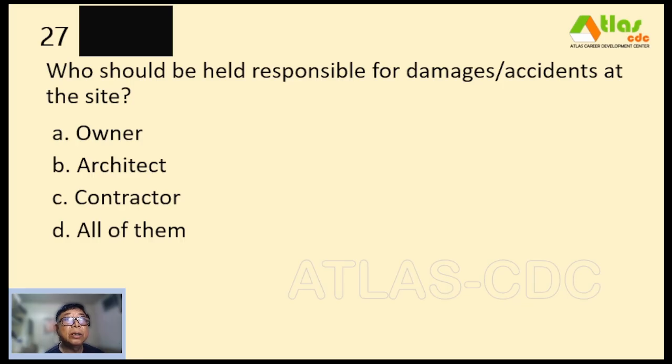27. Who should be held responsible for damages or accidents at the site? A. Owner, B. Architect, C. Contractor, and D. All of them. And our correct answer is letter C, contractor.